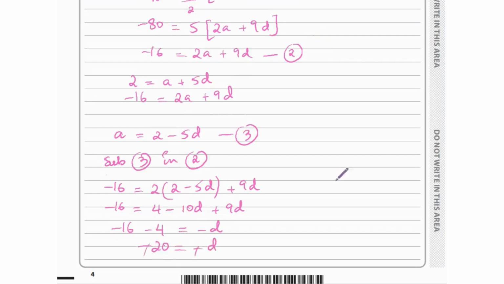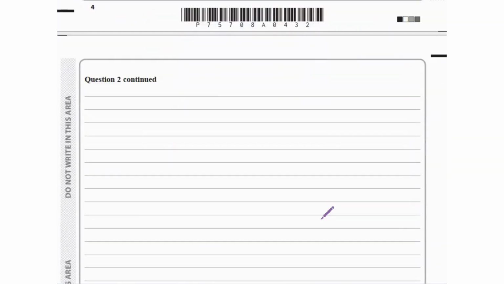The negatives get cancelled out, so d equals 20, which means a is going to be 2 minus 5d. So 2 minus 5 times 20, that's 2 minus 100, which is negative 98. That's your a value.